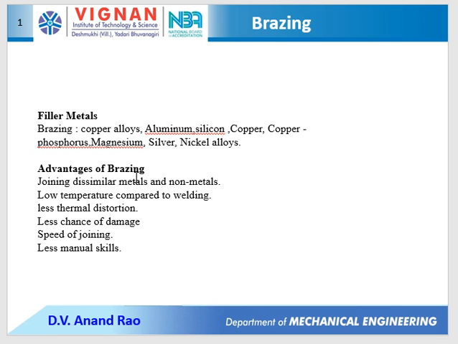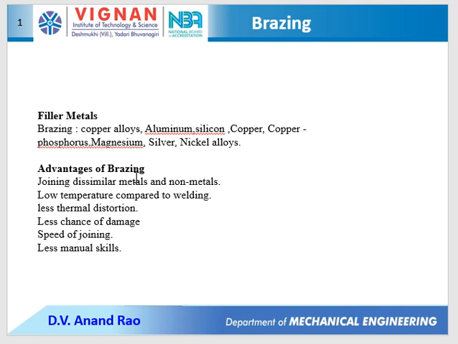Next, in this brazing process we can use different types of filler materials. Those are generally copper alloys, but other than copper alloys we can use aluminum alloys or silver and nickel alloys. In case of copper alloys, major alloys are bronze and brass. Bronze is a combination of copper and tin, and brass is a combination of copper and zinc.